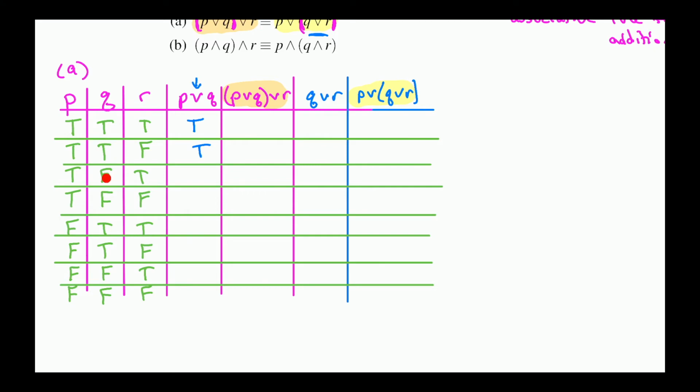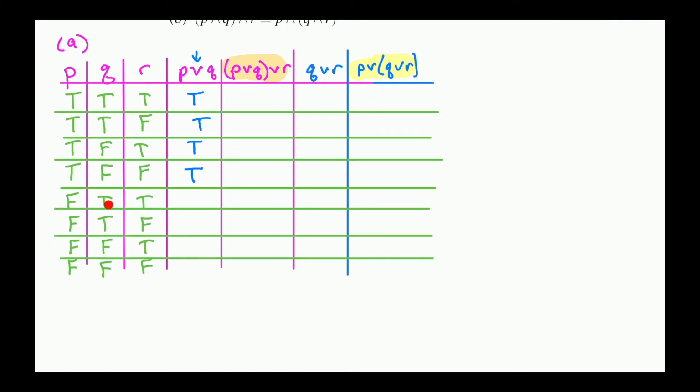True or false, true, right? The only time it's false is when they're both false. True or false, true. Actually, let's go a little bit faster here. False or true, true. False or true, true. False or false, false. False or false, false. So the last two are true, true, and then false, false, where the two falses are. Okay, so there you go.